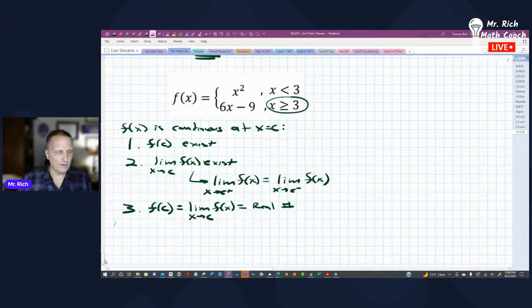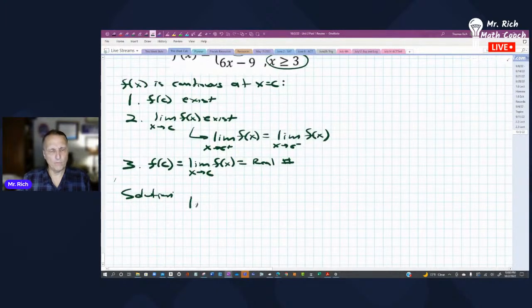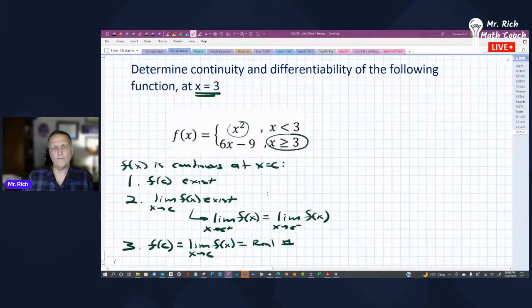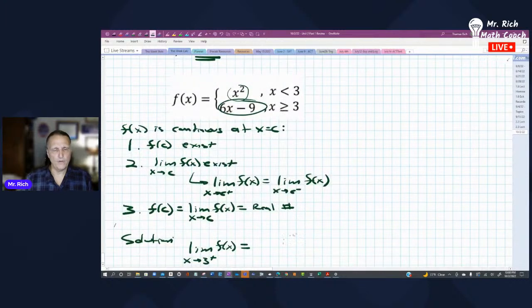So what I would be doing is taking my left-hand limit. Here's my solution. This is the start of my solution here on continuity. So I would wonder if the limit as I approach 3 from the right, I want to know what that number is. So from the right, I would be using this function here, and through direct substitution, that would be 6 times 3 minus 9, which is 9.